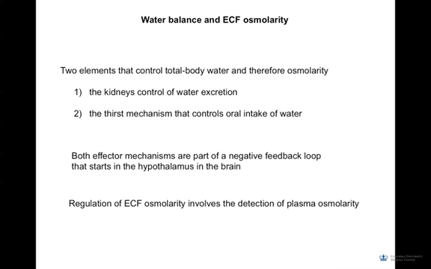And so this is a negative feedback loop, and the sensors start at the level of the brain. Okay? And the sensors involved in maintaining water balance actually measure plasma osmolarity in a constant way.